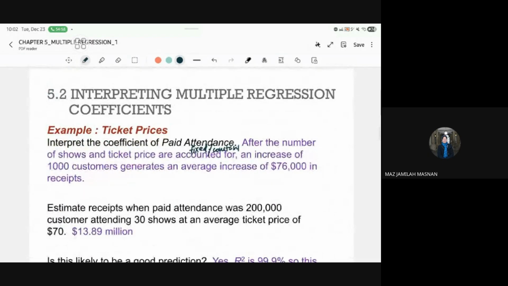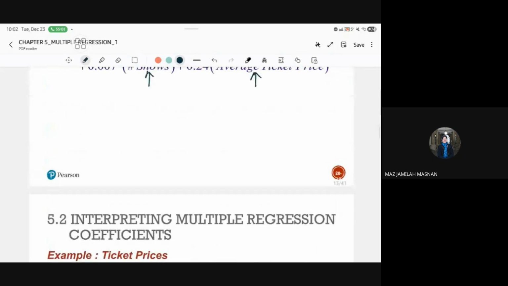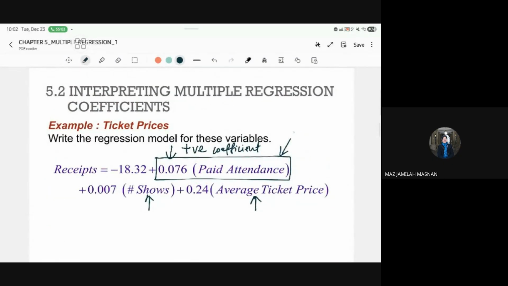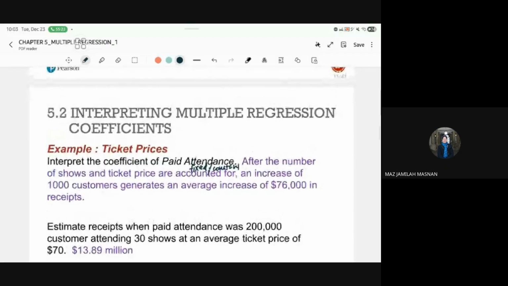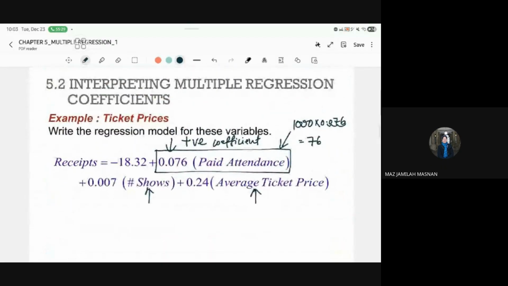Okay, an increase of 1,000 customers. If let's say we have 1,000 customers, what happens? 1,000 customers means 1,000 times 0.076. So you will get 76.